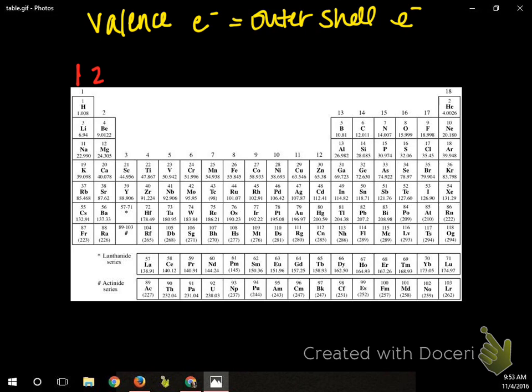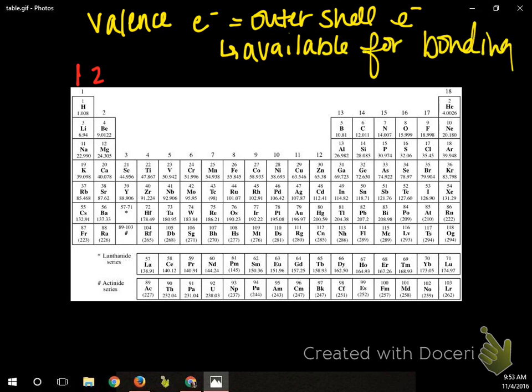These are the ones that are available for bonding, available to bond with other atoms. So the valence electron numbers match their group number.